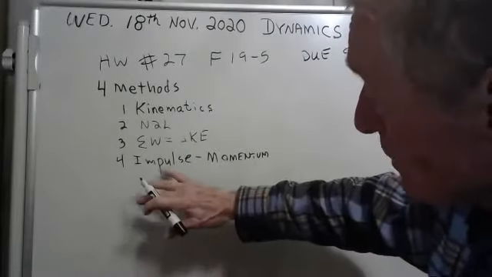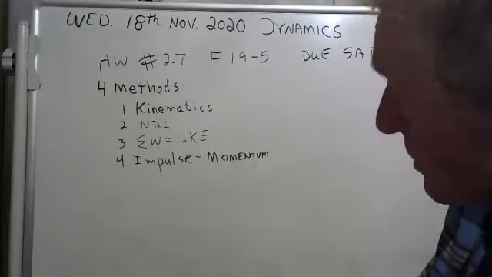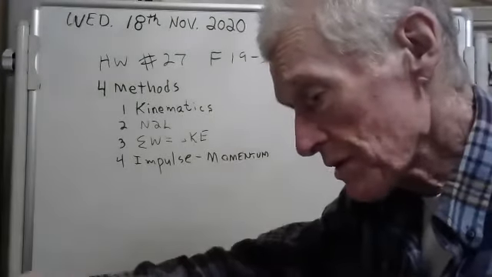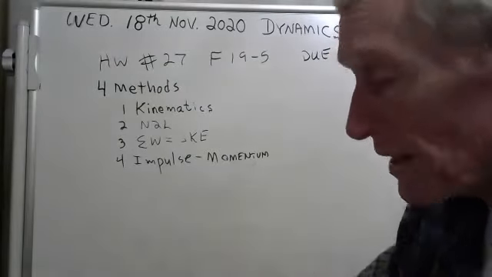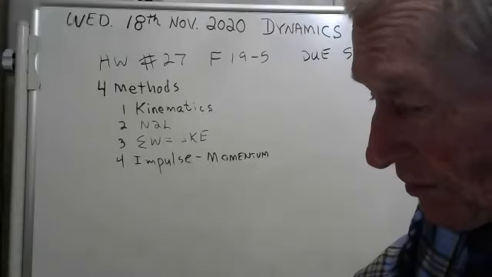All right, now the topic today is the impulse momentum method. Only see, we studied it before with translation, going in a straight line maybe. But today it's under rotation.